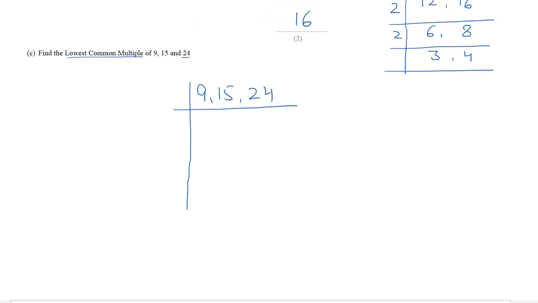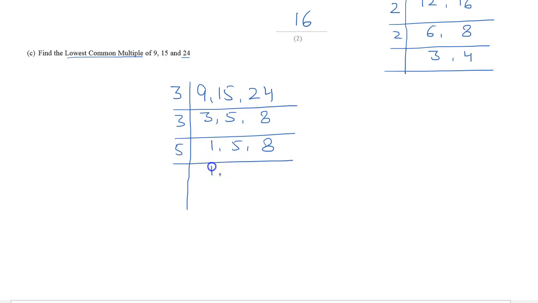HCF is the highest, but it is a small number. So let's divide by 3. 3 times 3 is 9, 3 times 5 is 15, and 3 times 8 is 24. 3 times 1 is 3, 5 and 8.